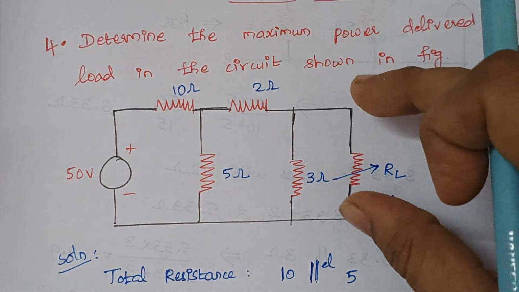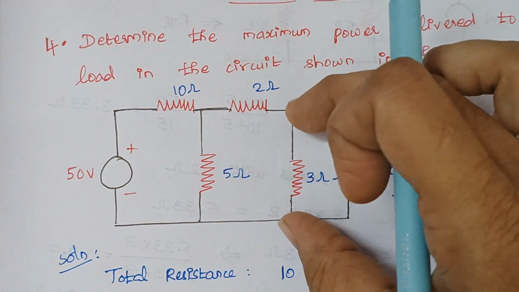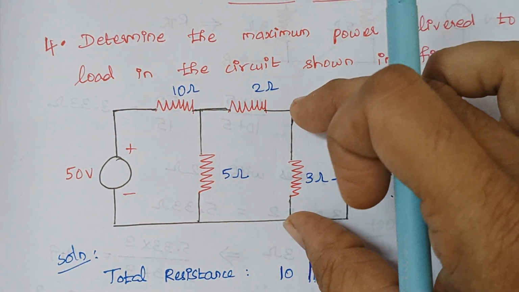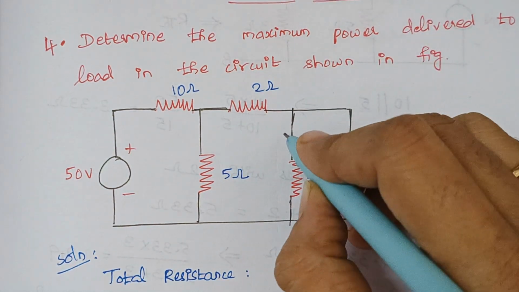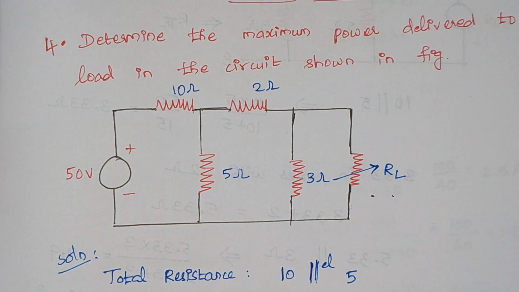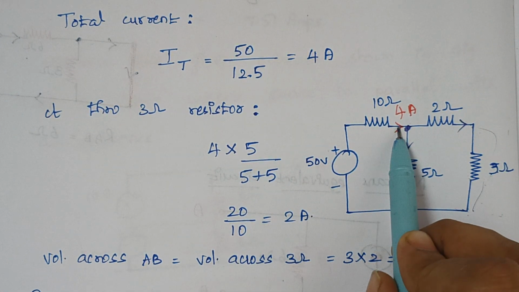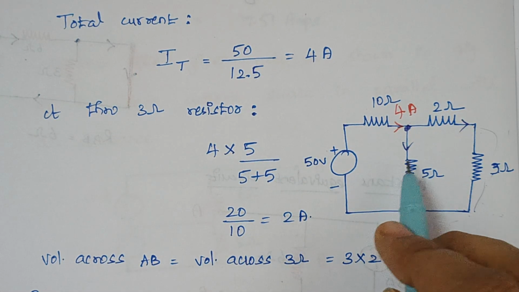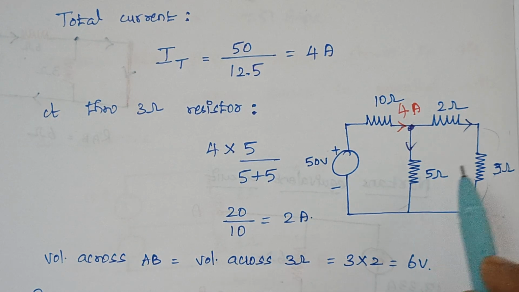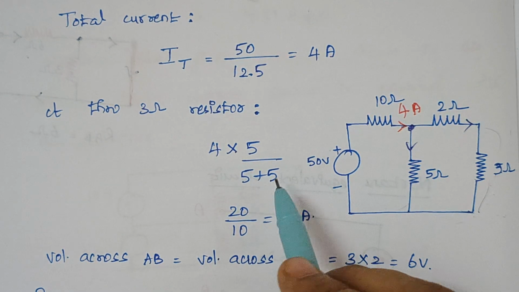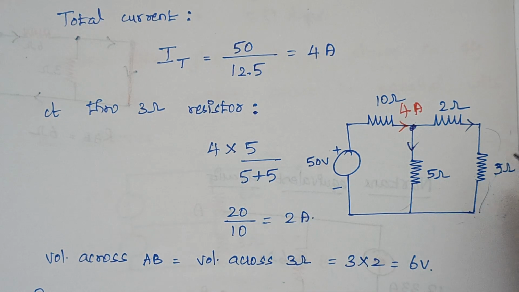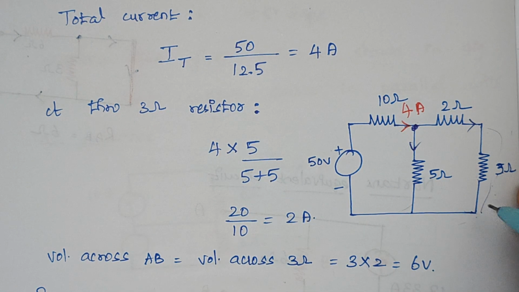So for that purpose we are calculating the voltage across this 3 ohm. To calculate the voltage across this 3 ohm, we need to calculate the current that flows through this 3 ohm. So here the total current is 4 amps into the opposite resistance, which is 5 ohm, divided by the total resistance, which is again 5, right?